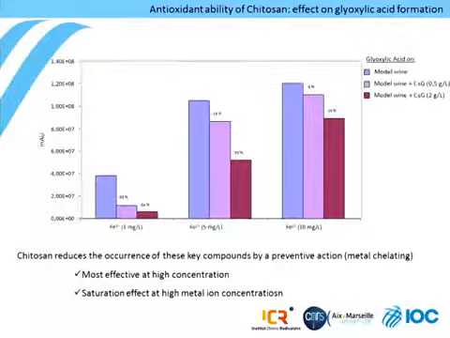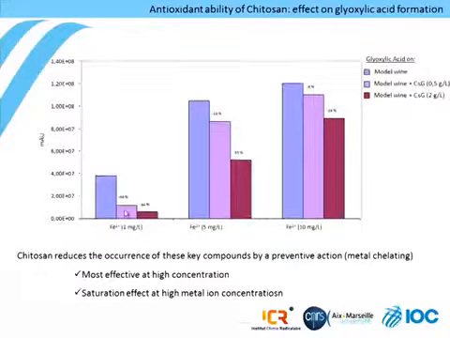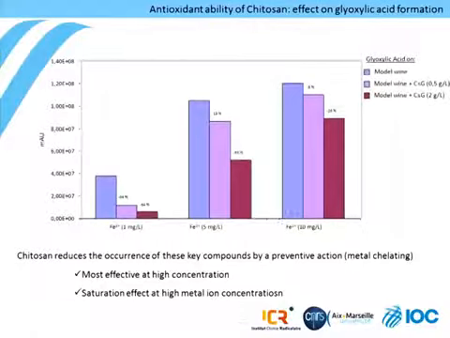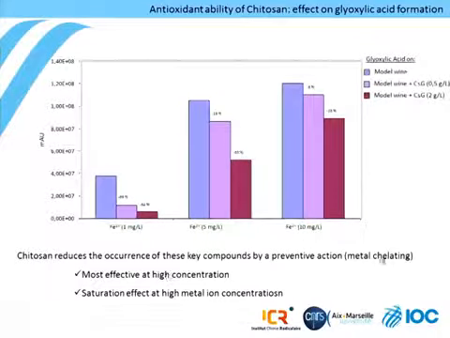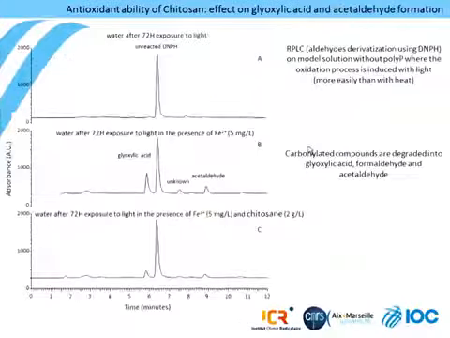After 86 hours, by means of an accelerated aging process at a temperature of 42 degrees, chitosan reduced significantly the formation of this compound, which is a glycosylic acid. Therefore, in case of high concentrations of this metal species, we had a saturation effect on chitosan, and the action was less effective.